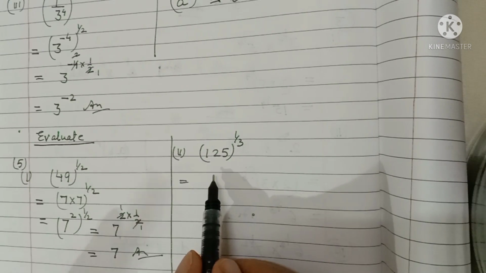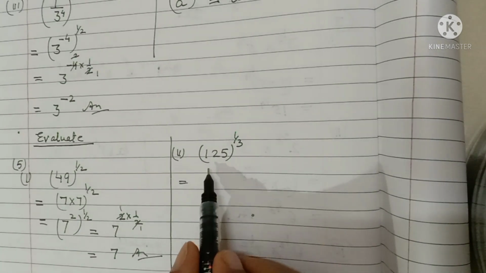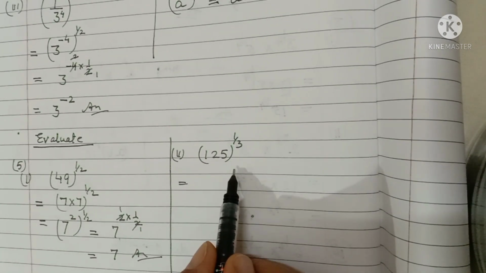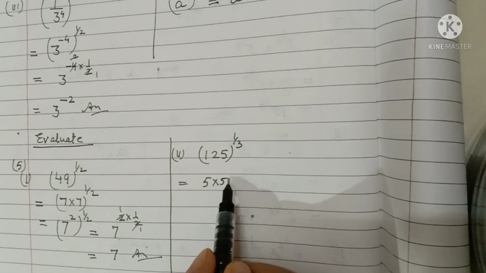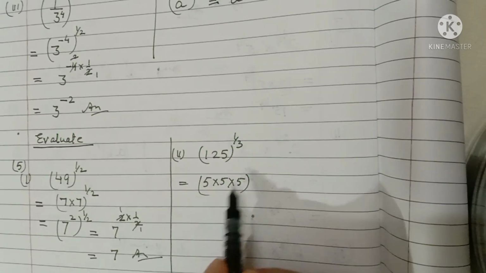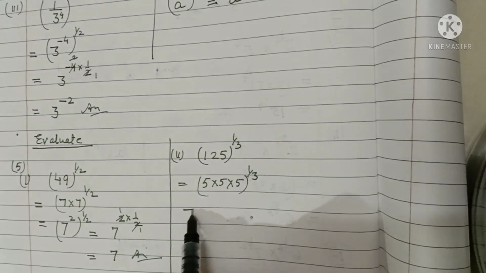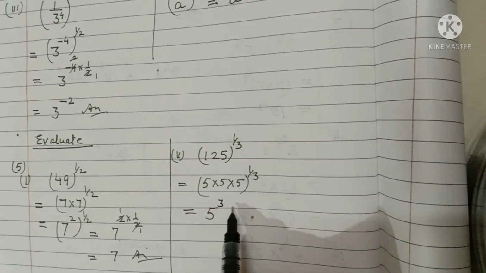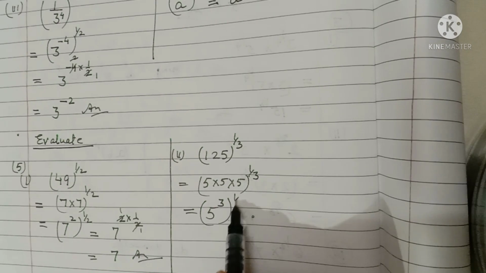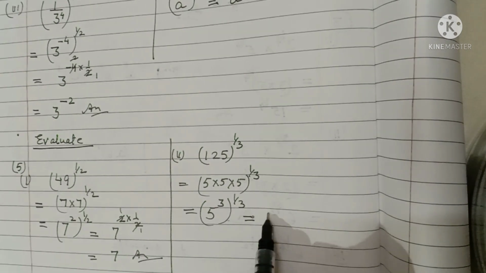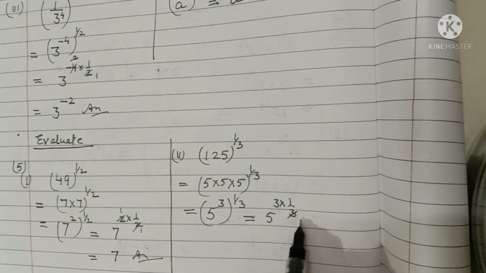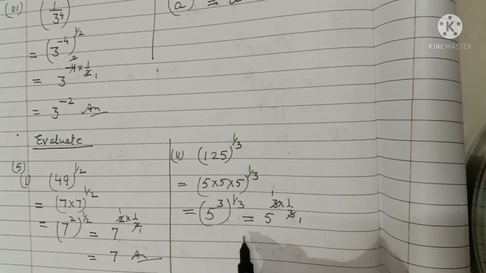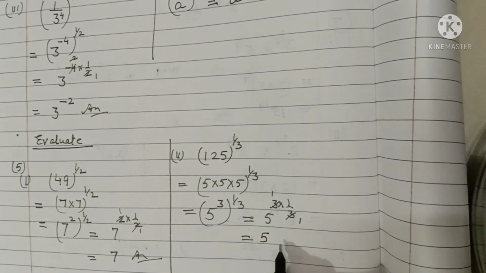If it is possible to make triplets, then here 5 fives are 25, 5 twenty-fives are 125. So you can write it 5 into 5 into 5 to the power of 1 upon 3. This becomes 5 cube whole to the power of 1 upon 3, and you can write it 5 to the power of 3 into 1 upon 3. 3 1s are 3, 3 1s are 3. You will get 5 as the answer.